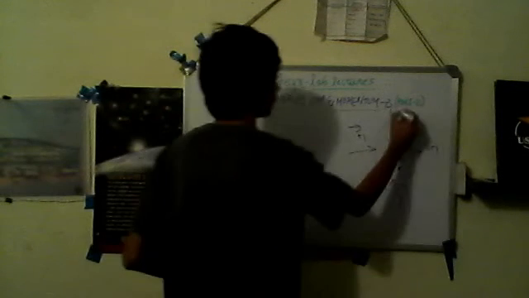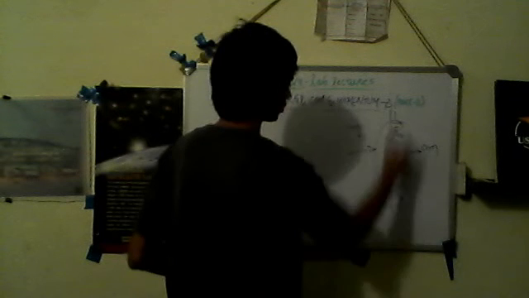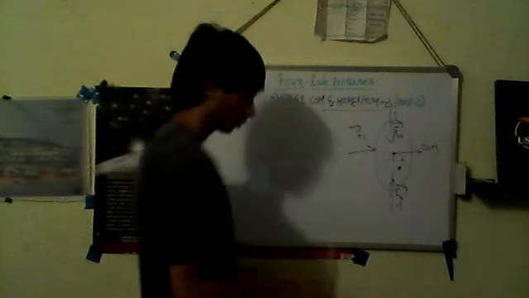So how do you write the same equation? Let's say the body is a rigid body, so it must have an axis.